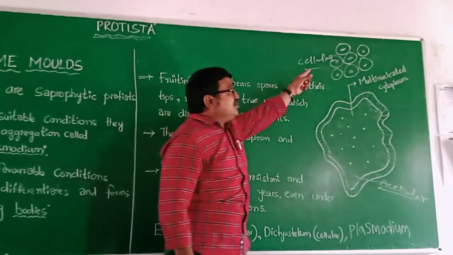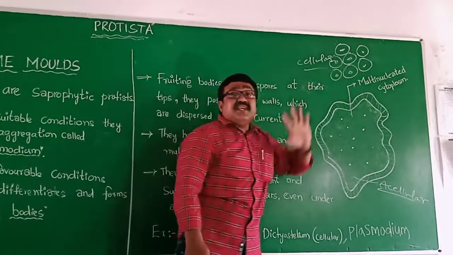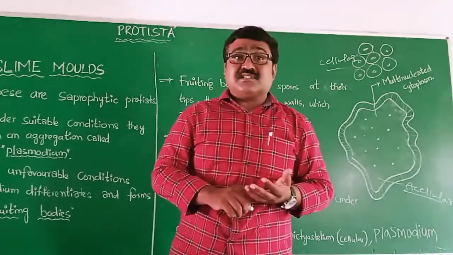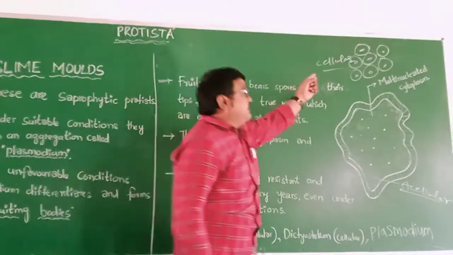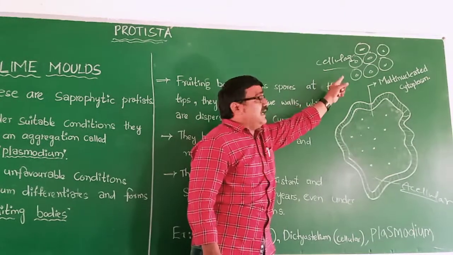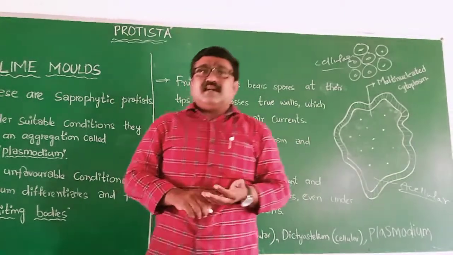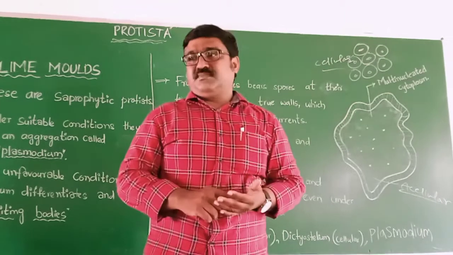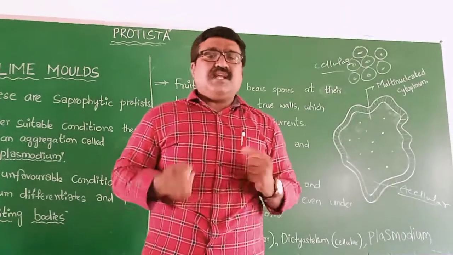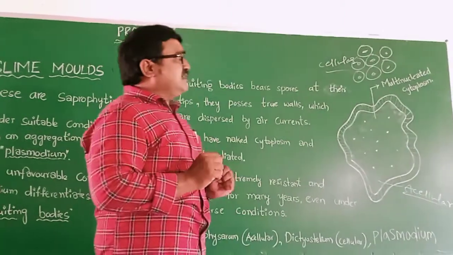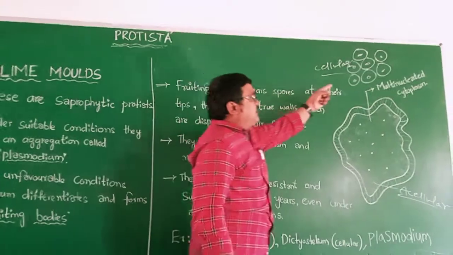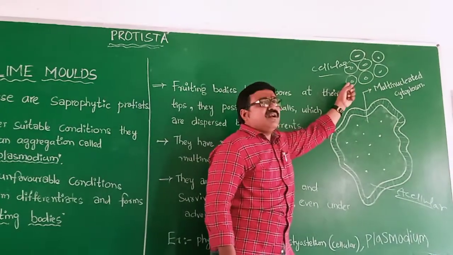These are also known as myxamoebae or pseudoplasmodium. We call this cellular structure of the slime mold myxamoebae or pseudoplasmodium. In these cellular structures, the cells are grouped together but not fused.